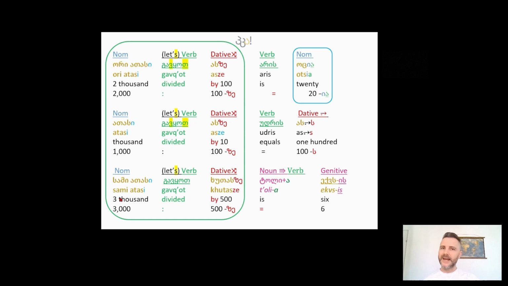So, samiatasi, nominative, both have nominative endings. Gavqot chutas ze, not chutasi, because again the I is removed, and tolia exis. Samiatasi gavqot khutase tolia exis.